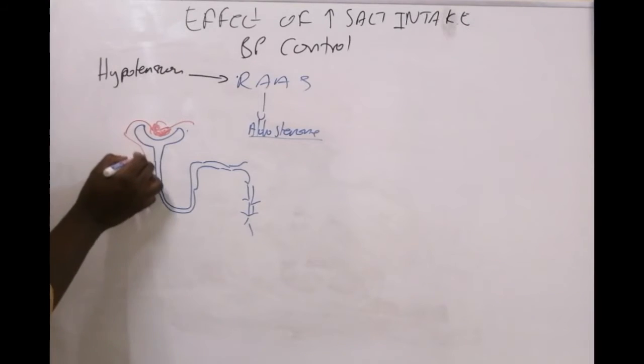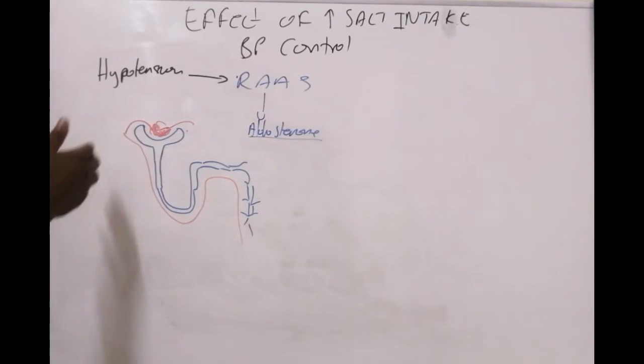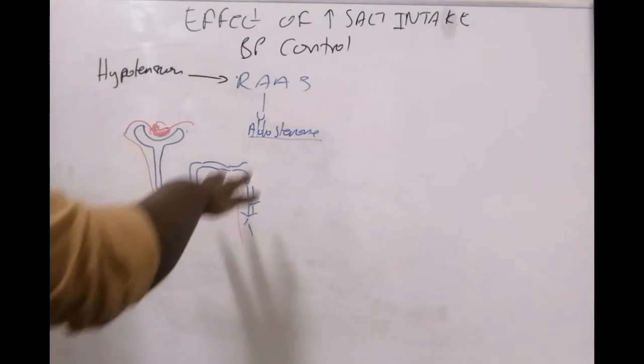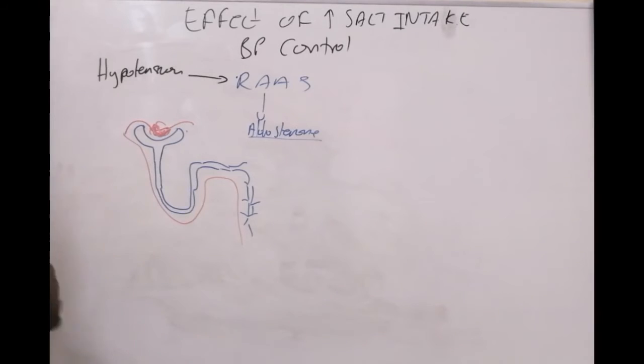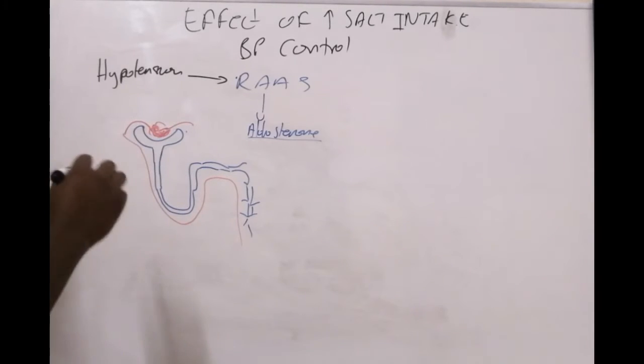Then we've got those blood vessels that run like that. We've got our proximal convoluted tubule, descending loop of Henle, ascending limb, distal convoluted tubule, and then your collecting ducts. So what's going to happen is that aldosterone is going to act on the ascending limb and also on the distal convoluted tubule.